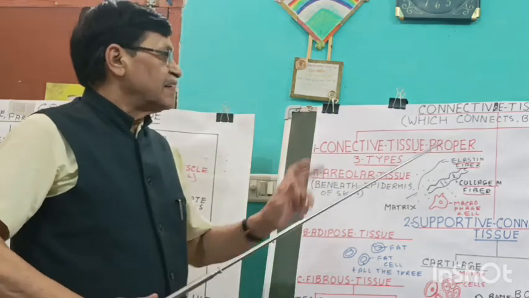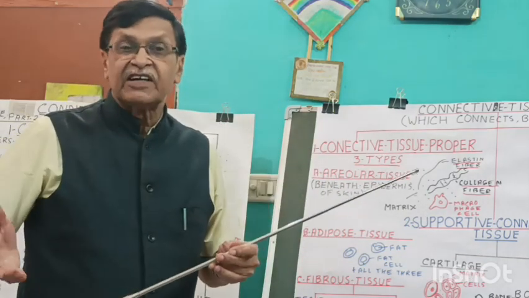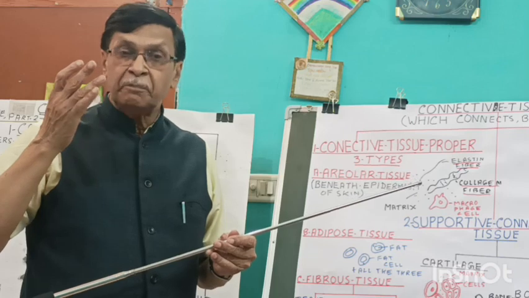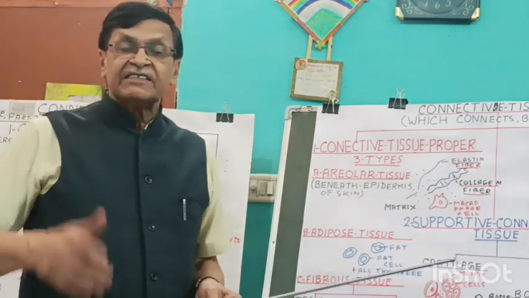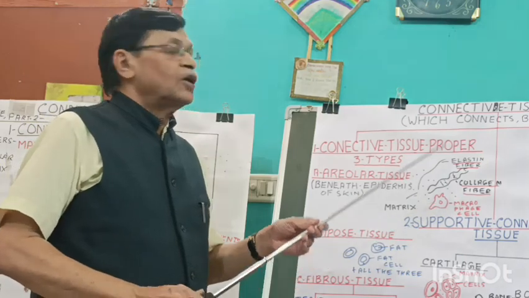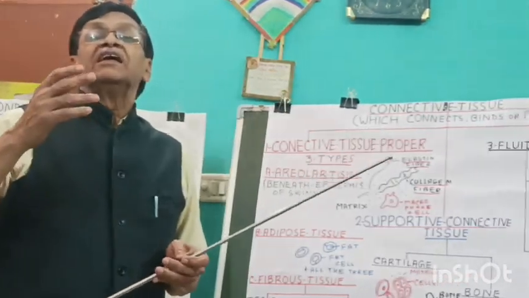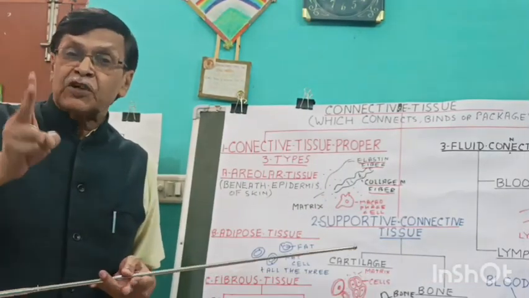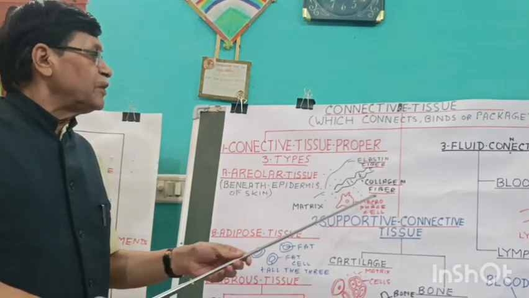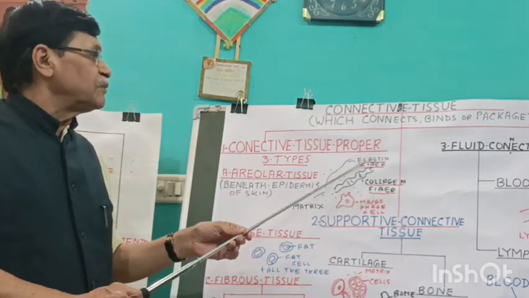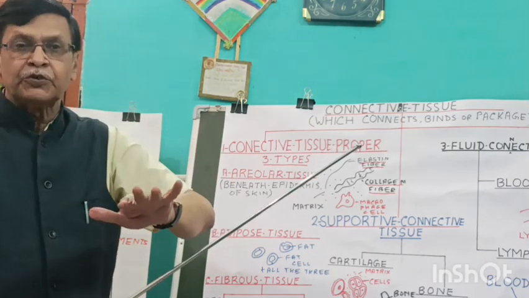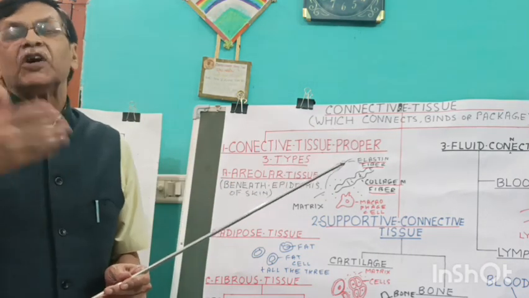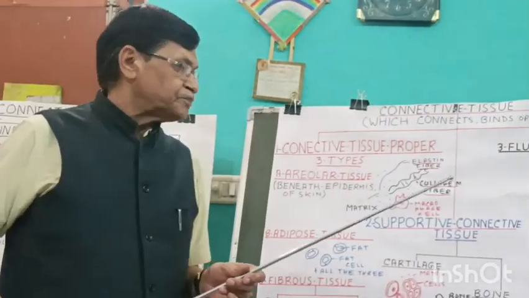So there is much more intercellular space or matrix, and there are few cells. Some cells are macrophages and fibroblasts, which synthesize two types of fibers. There may be collagen fibers and there may be elastin fibers. So this is the basis of all connective tissue, and there may be some modifications in the different parts.